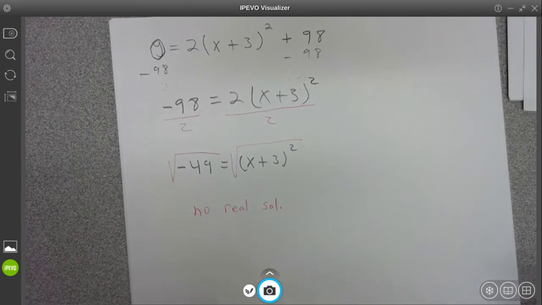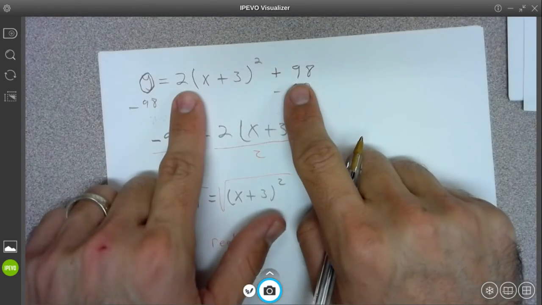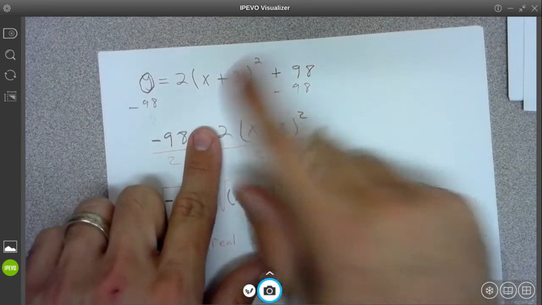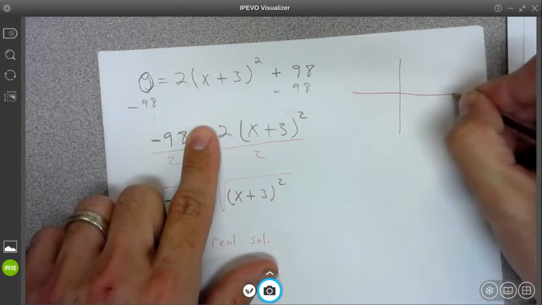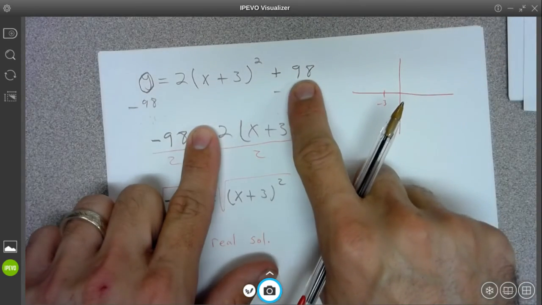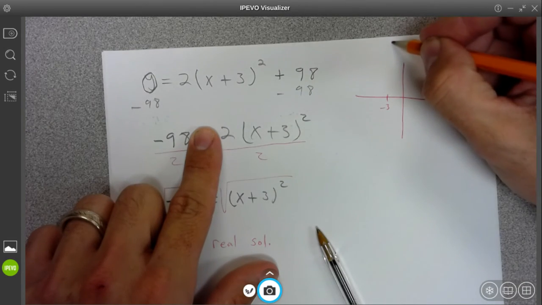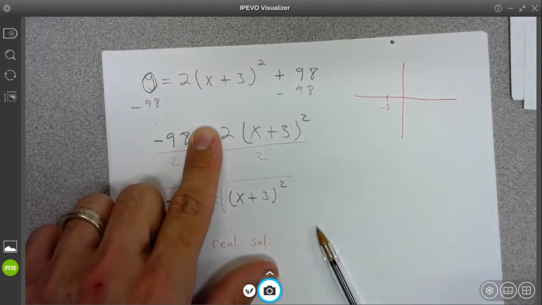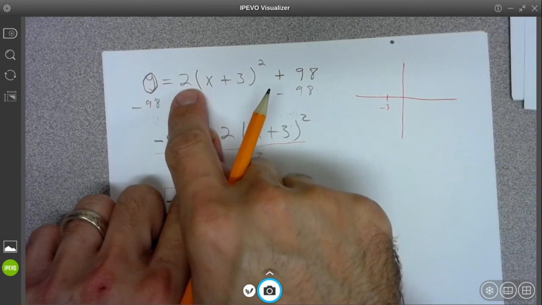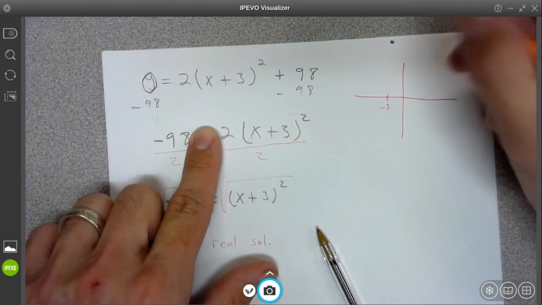Now this was for the x-intercepts. Let me show you why this is. If we were graphing this, it would be 3 to the left and 98 units up. I'm just going to put it up here. So 98 units up, something like that. Now because this 2 is positive, we know that this quadratic is going to open upwards.